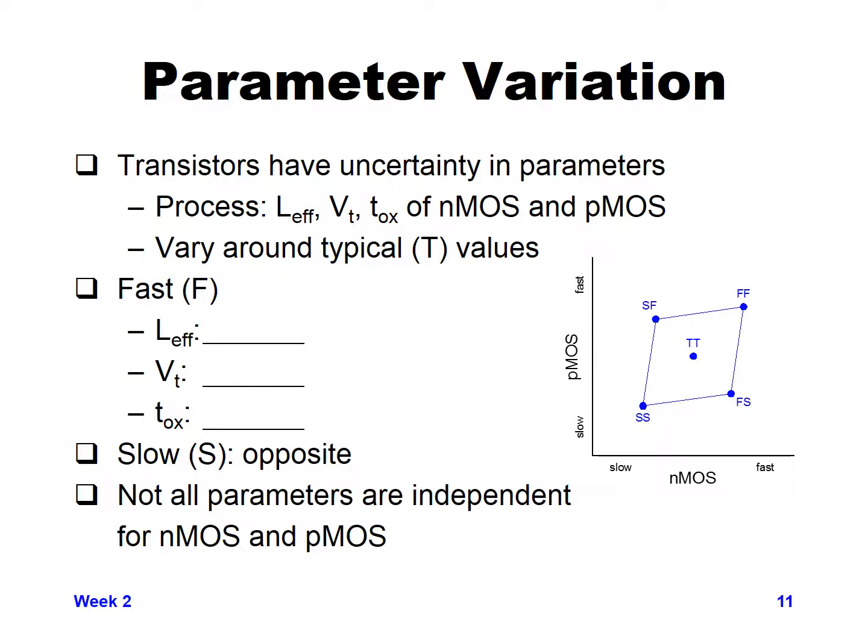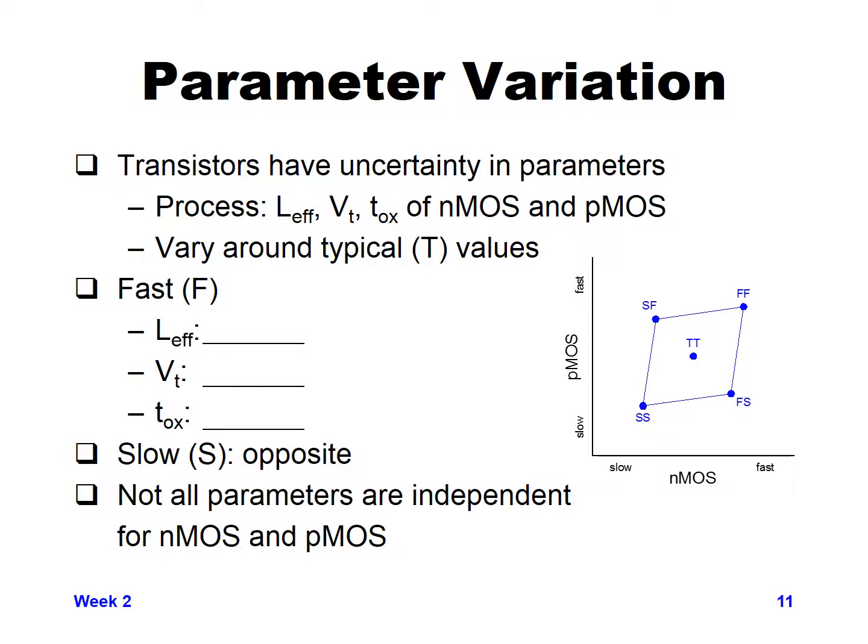So between all four of those corners, we now have a bounding box around our typical corner. And if we do simulations at all 4, or actually all 5 corners, to make sure everything works, we should work across all of the variation combinations that we can get in our processing.